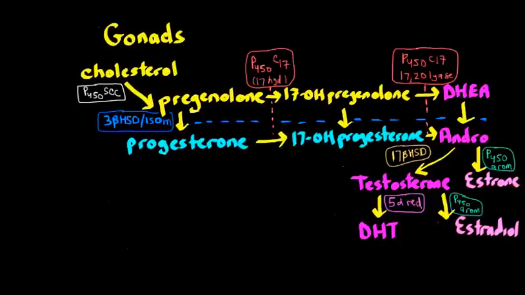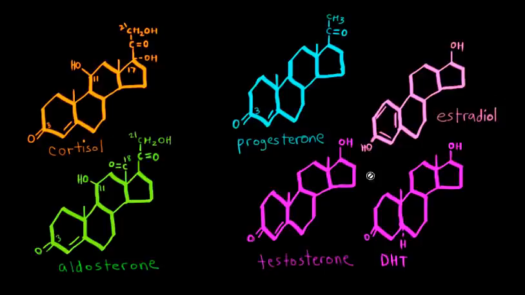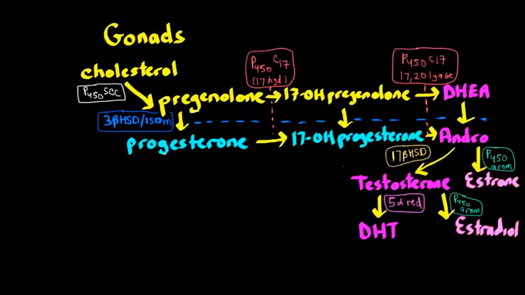So if we go back to our structures, okay, notice that there's an OH group right here. Now that OH group is not there in androstenedione or DHEA. It's a ketone, right? So we need to make that an OH in this case, and that's a 17-beta hydroxysteroid dehydrogenase.